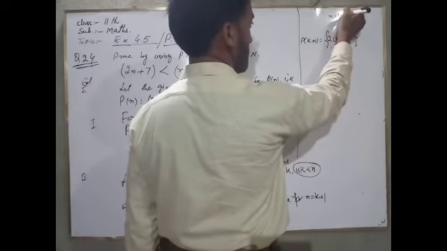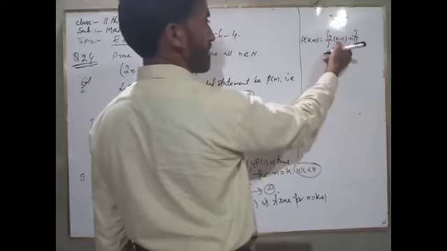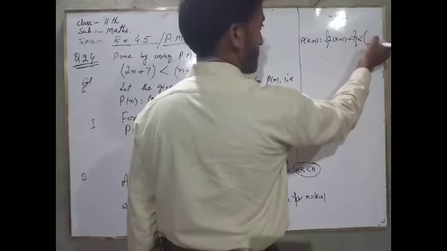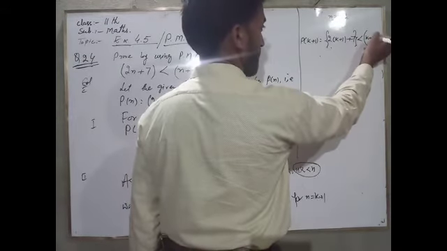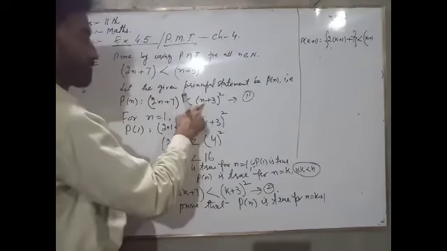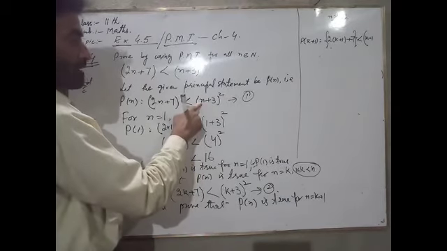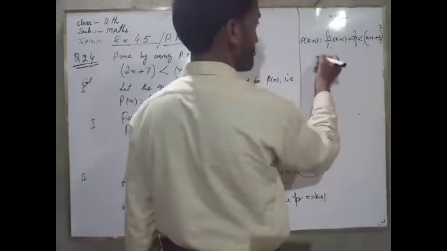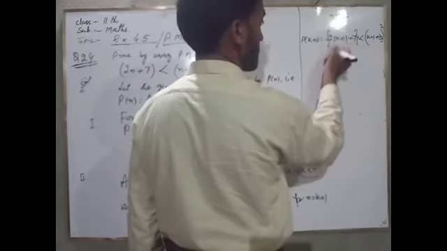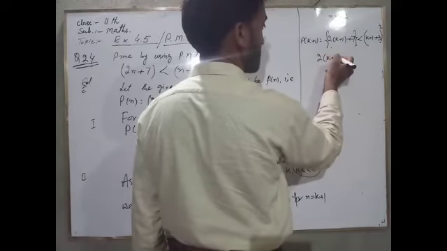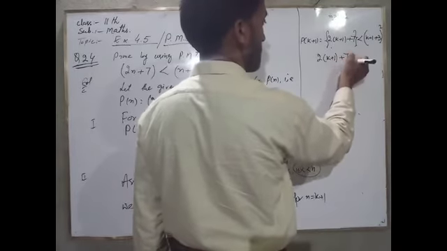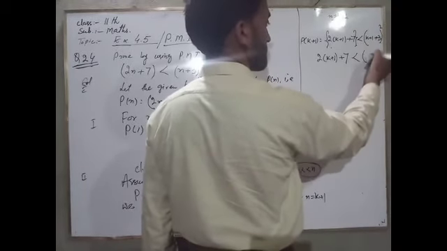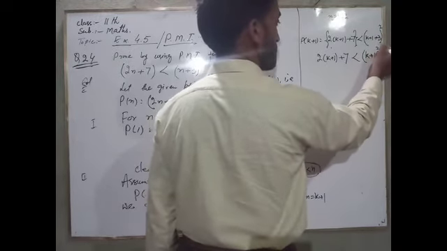So 2 into (k plus 1) plus 7 is less than (n plus 3) square, where n is k plus 1, that is (k plus 1 plus 3) square, which is (k plus 4) square.